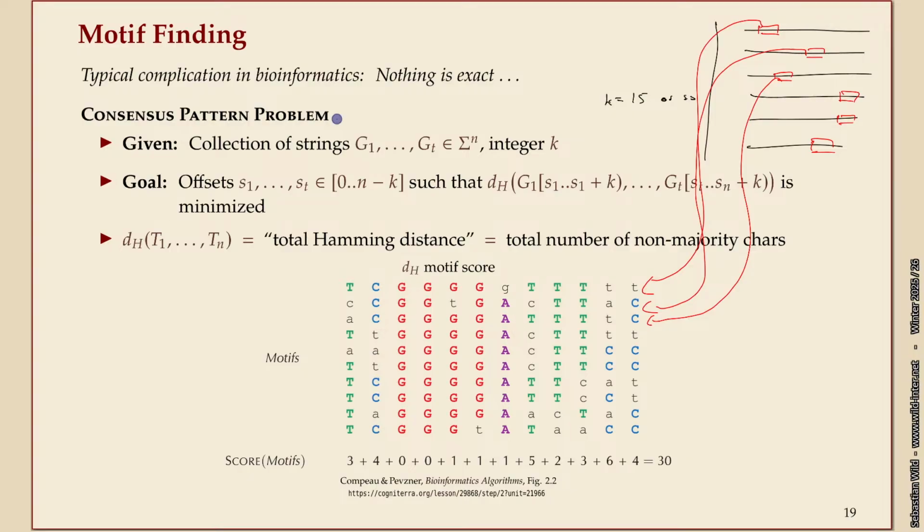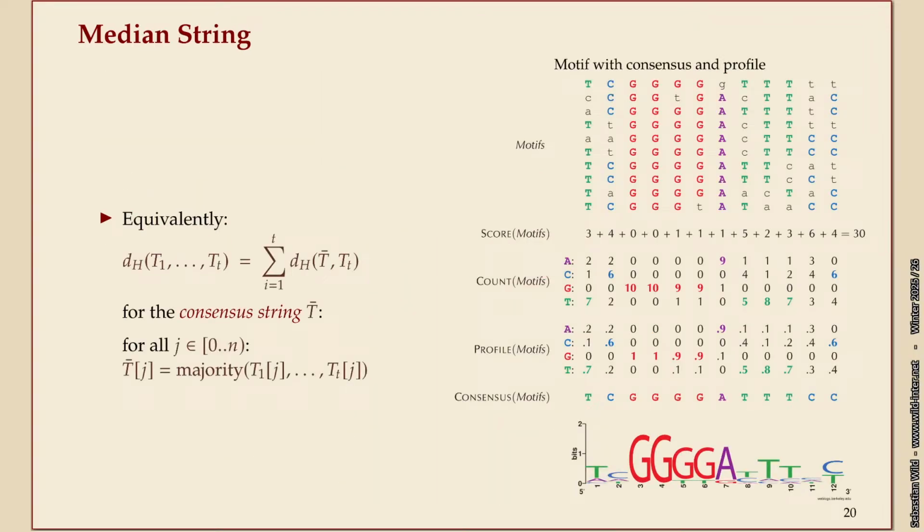Okay, why is it called consensus pattern problem? Maybe you can already guess from this example. You can rewrite the definition of this Hamming distance as the sum of distances, in the normal Hamming distance sense, from each of these red substrings to a specific string, one fixed string. And that's the consensus string that you build by taking the majority vote across columns.